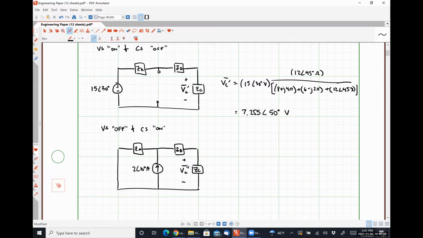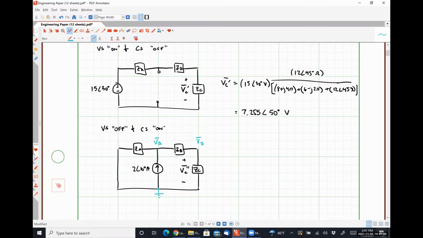We would have a node here. Let's just call this nodal voltage VA for the sake of argument, and a node here, nodal voltage VB, with this bottom node chosen to be our reference. And obviously, that nodal voltage VB would be the exact same thing as that VC double prime we're trying to find.